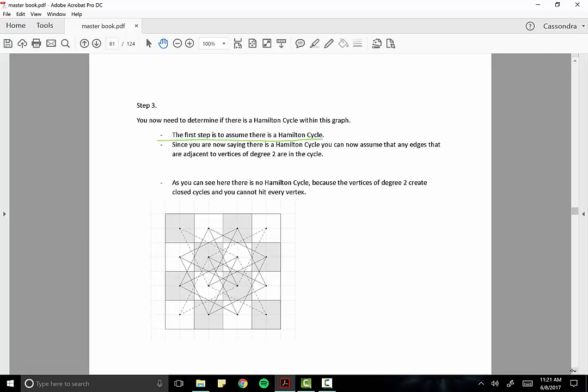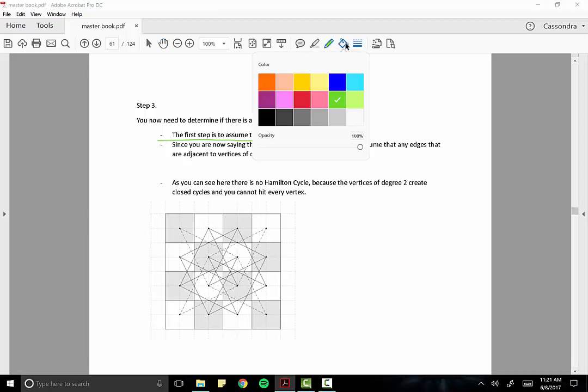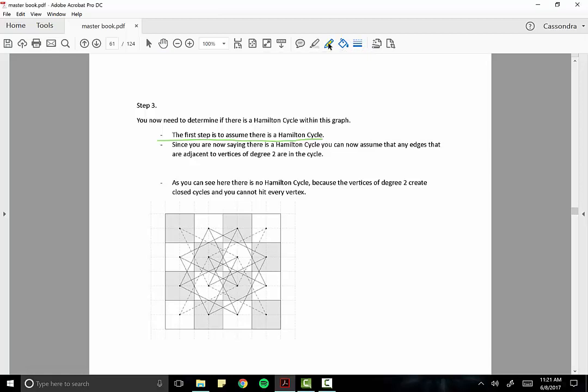Then, since I'm saying that there is a Hamilton cycle, I can assume that any edges at vertices of degree 2 are in that cycle because I have to go in and out. Every vertex must have an in and an out. So that is why these are dotted. I am assuming that these guys are in a Hamilton cycle.